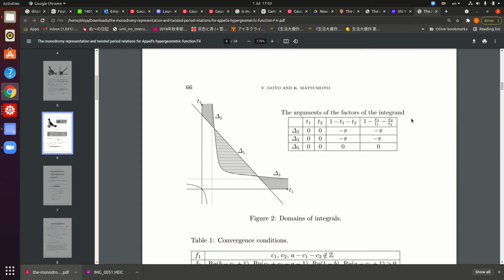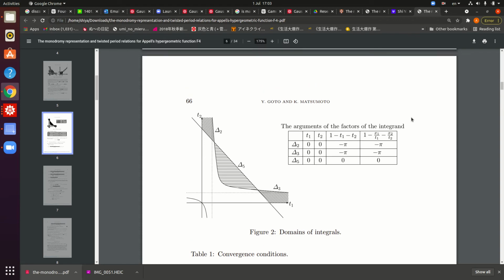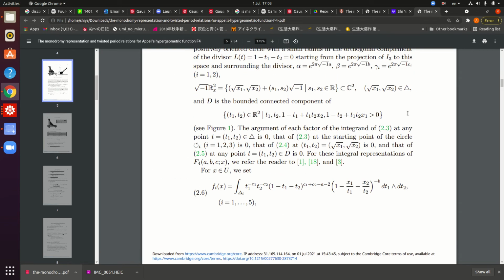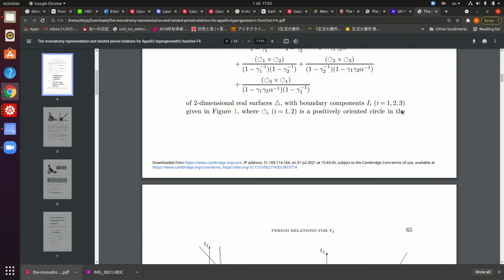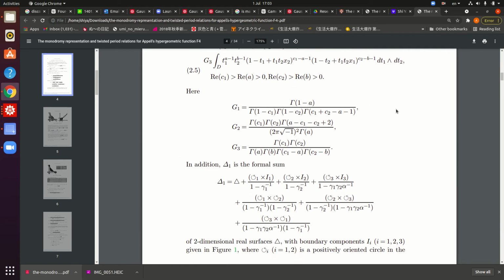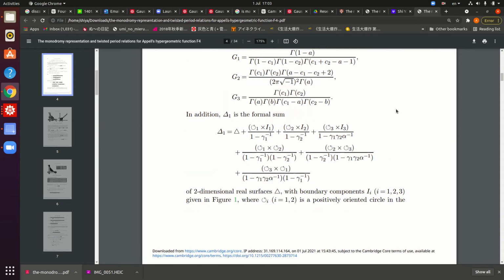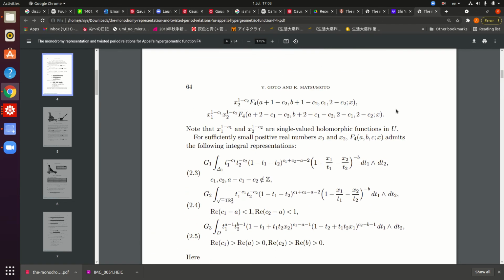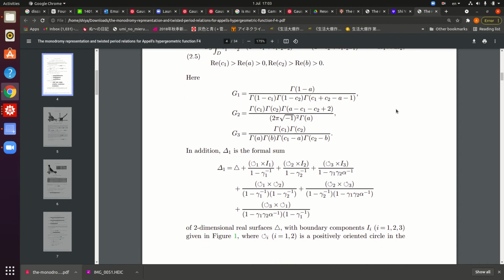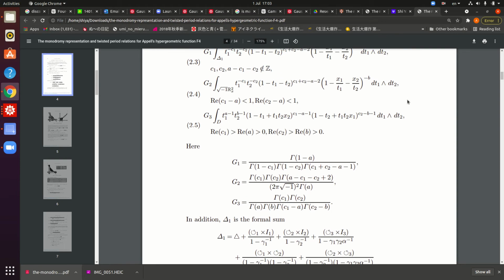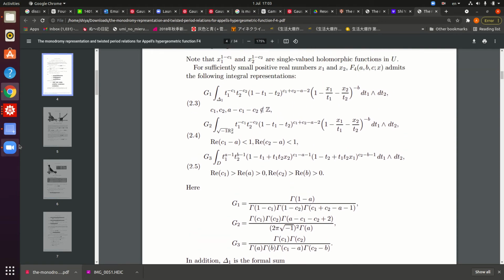What is delta 1? Okay, yeah, it is the most complicated one.